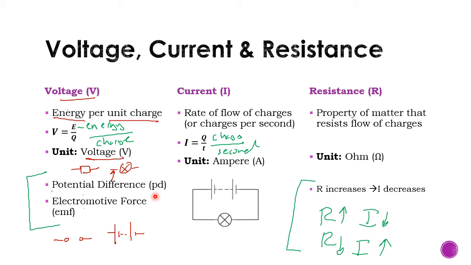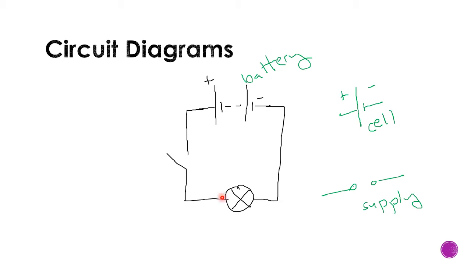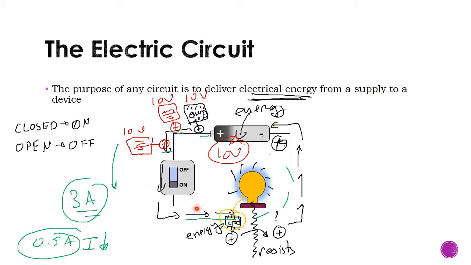Because there is a difference. The charges, as they go through the lamp, lose energy. The charges, as they go through the battery, gain energy. So we had to give them two names, because sometimes you're losing volts and sometimes you're gaining volts. We gave them two different names, but in the end they're still called volts. Okay.